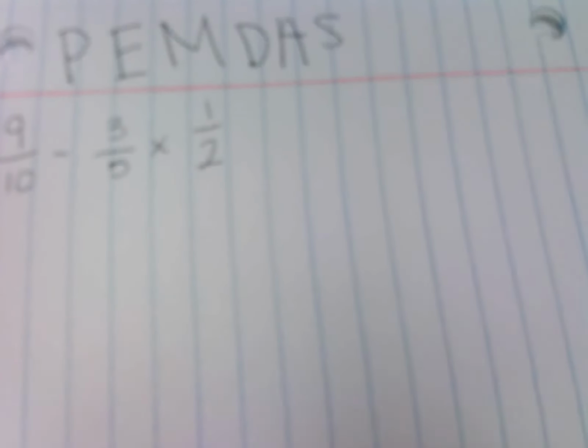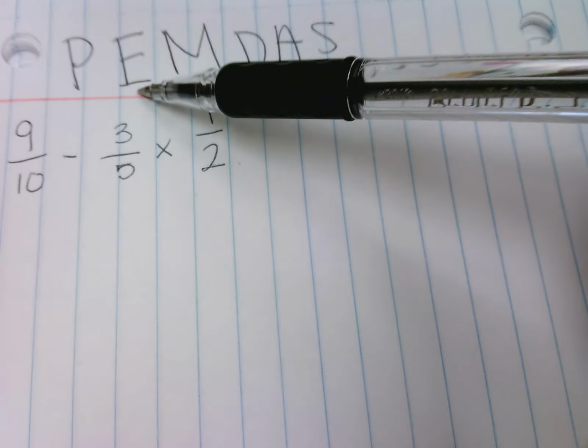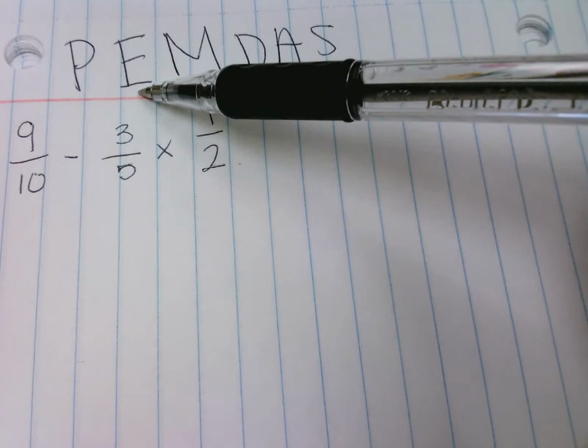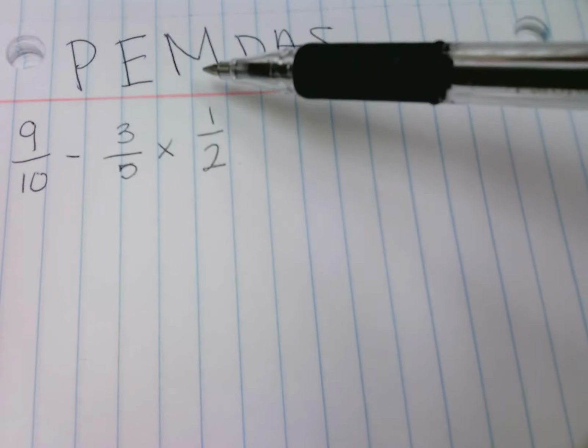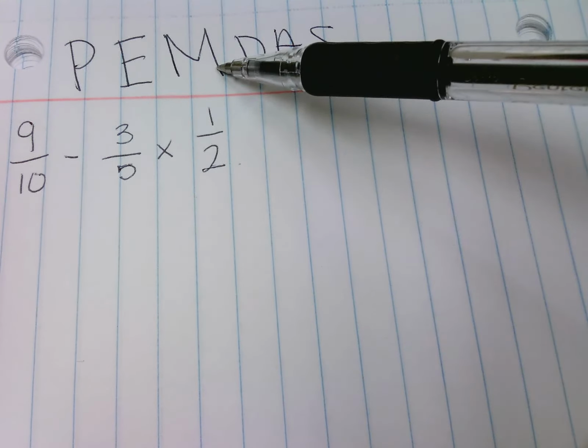So I went through and did parentheses, but we don't have parentheses in this problem. Okay, and then I go through. We don't have our A because we don't have any exponents. M stands for multiplication, so we do have that. So let's finish our multiplication first.